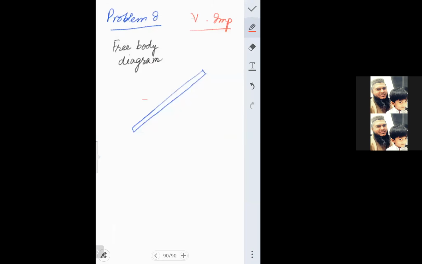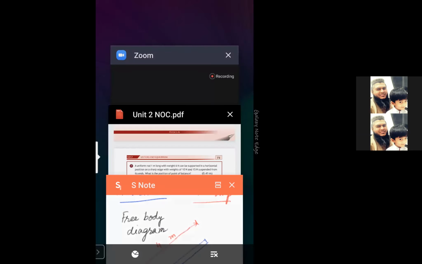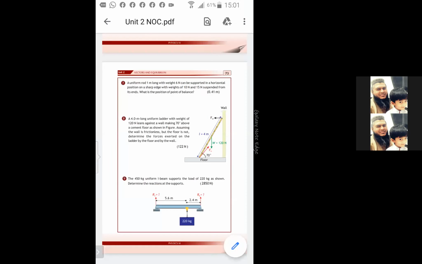Sorry, length of the ladder is 4 meters. The weight of the ladder is 120 newtons.